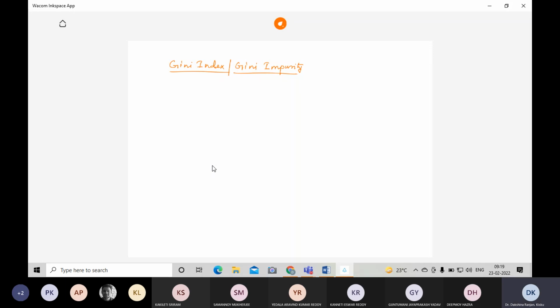Let us consider that we have selected a feature randomly, and we try to measure the probability of this feature being classified incorrectly when it is selected randomly. If all the elements are linked with a single class, then it is called pure.